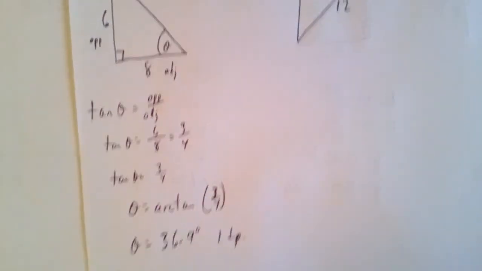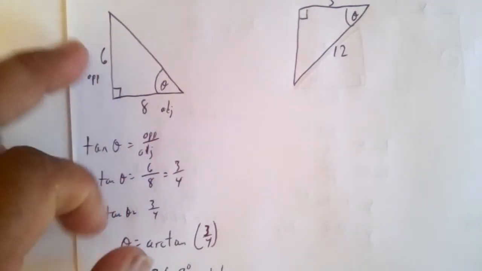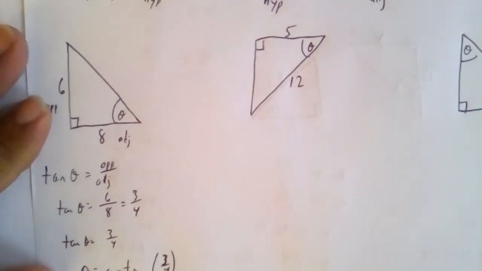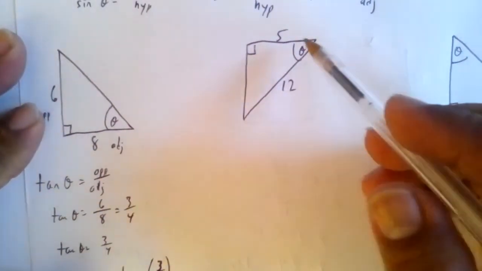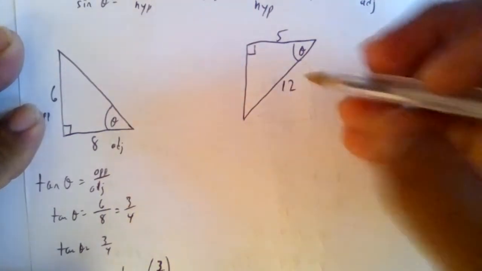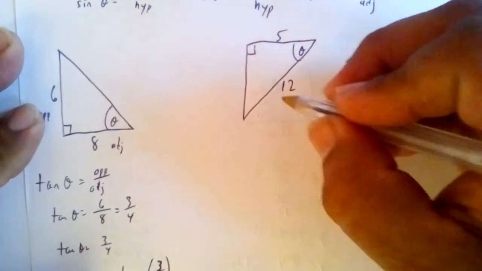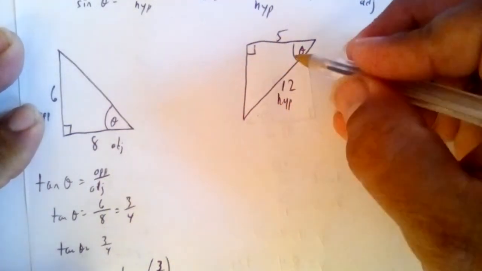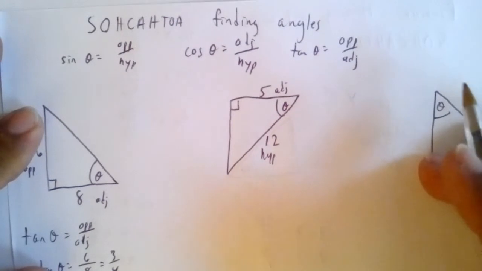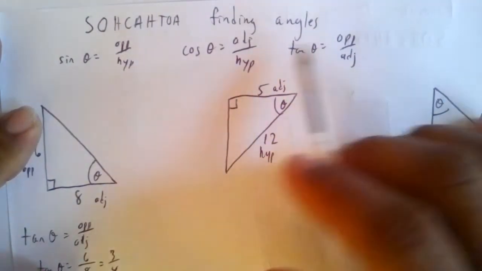Okay, let's go with the next one. The previous one was when you're given the opposite and the adjacent side. What about this one here? In this one we have the angle which we want. We have the side given which is opposite to the right angle, and this is the hypotenuse. And then we look at the angle and the side also given. This is the adjacent. Which one of those three ratios has adjacent and hypotenuse? It's cosine.